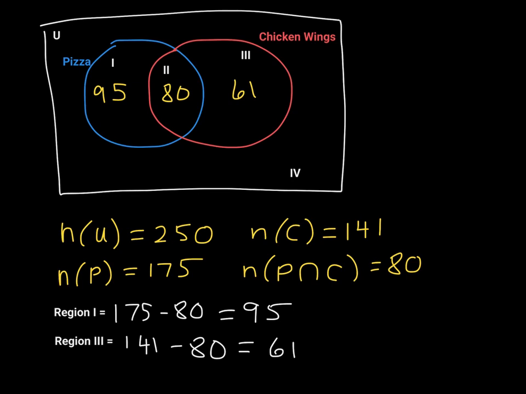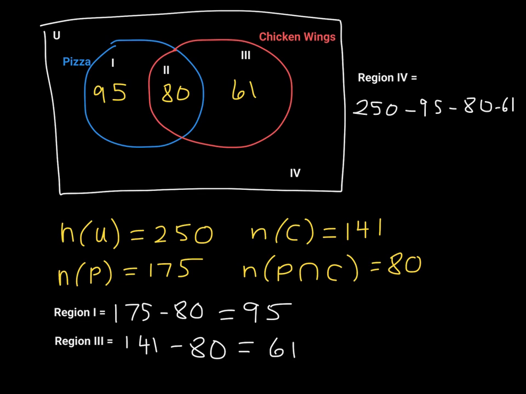All right. Now we know that there are 250 customers altogether. Region 4 is all of those customers included in the 250 who did not order pizza or chicken wings. So region 4 has 250 minus all of those from region 1, minus all of those from region 2, minus all of those from region 3.